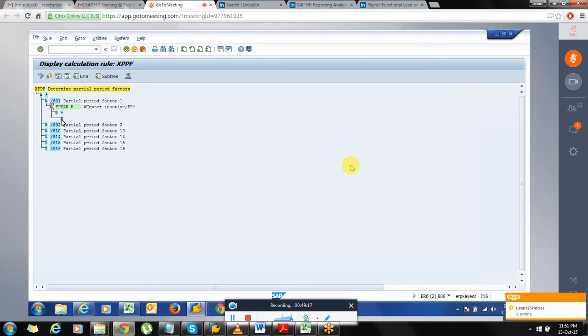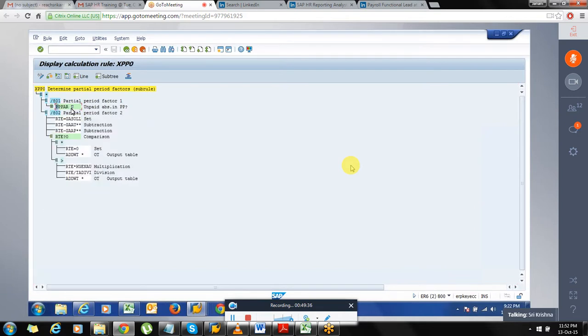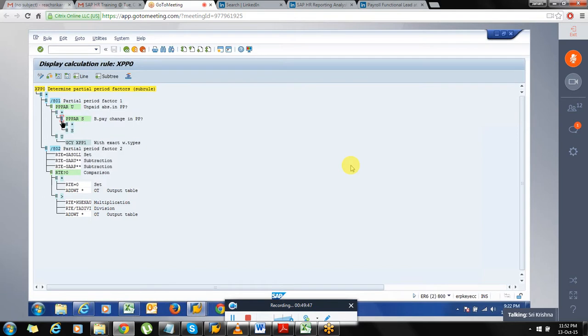If he is inactive for the whole period, it won't read anything. Otherwise it will go to the XPP0 APCR, where there is an operation checking for unpaid absences. Is there any unpaid absence? It will go to the exact factoring PCR. If there is no absence, it will check if there is any basic pay change in the middle. Likewise it's a continuous checking process, entry in the month and all this stuff.